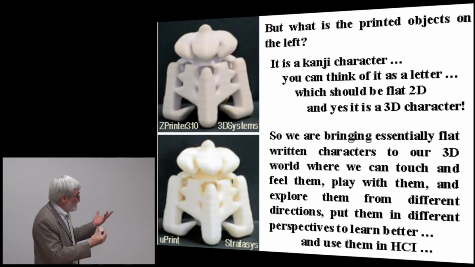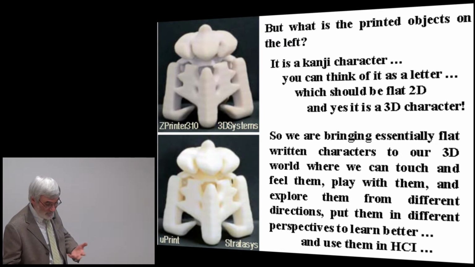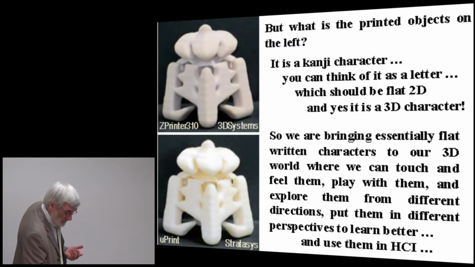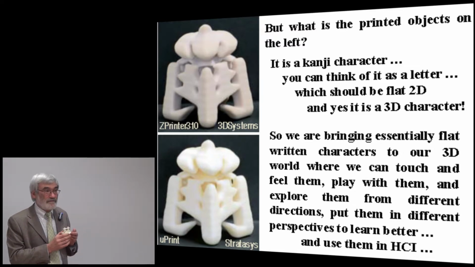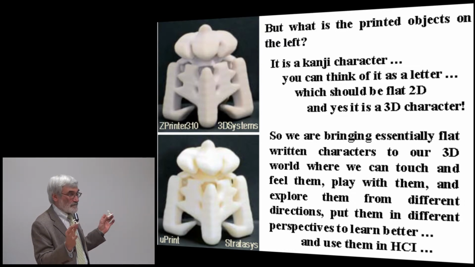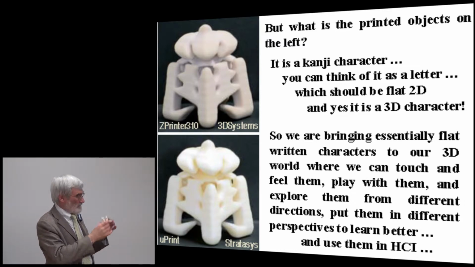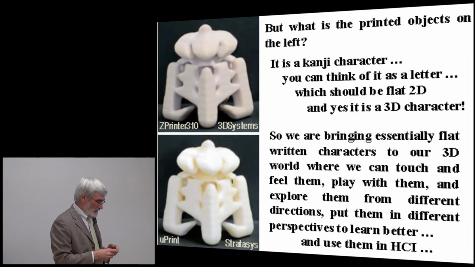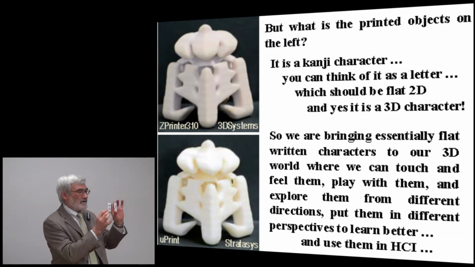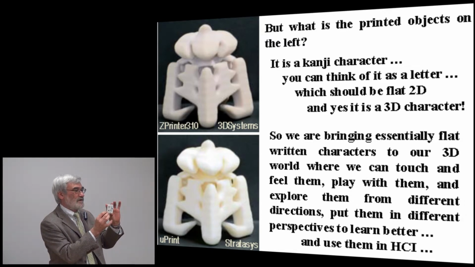And it turns out we can, and then it becomes very attractive and useful, because if you have something tangible like this to play with... Okay, I'll show you this. These are components of kanji characters, and they can come together, but these don't come together because the code is different.